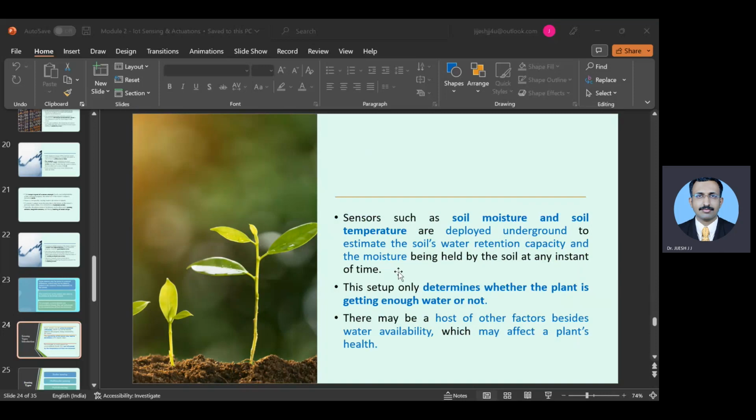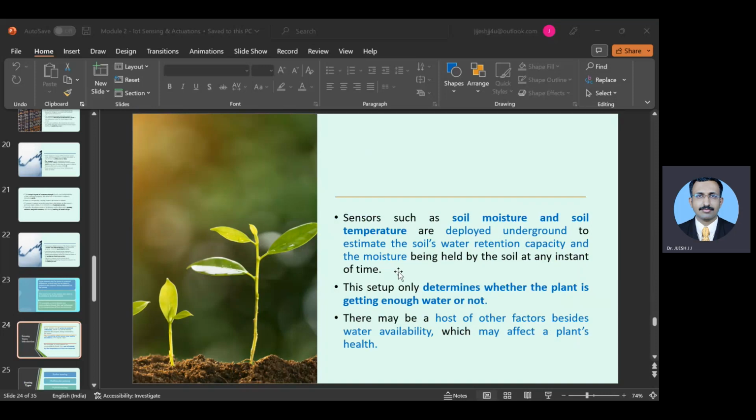The sensor will help you understand whether the water content is sufficient for the plant you have planted, or whether it is more or less. If it is more, you should stop the water flowing to your field, and if it is less, you should make sure you give sufficient water. It will give a clear indication for whatever crop you have planted, so you can set all those things: the water content for this crop is this much, so what is to be done for that.